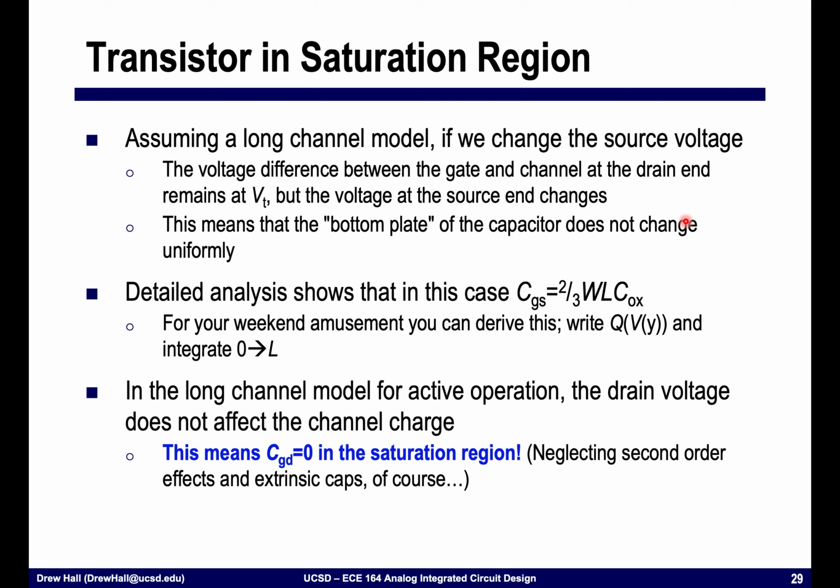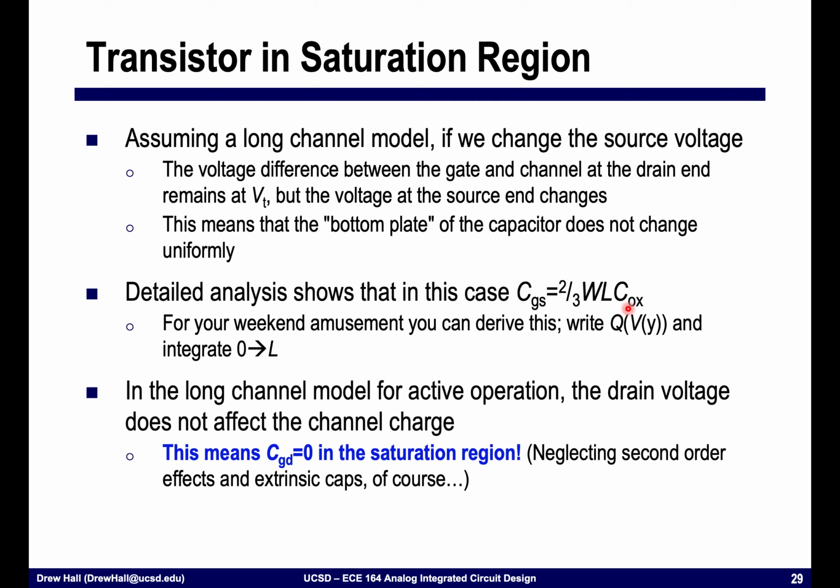If we were to revisit our calculations using the geometry of the channel as triangular rather than rectangular, what this would show us is that the gate to source capacitance is 2/3 times WLCox, and that there's no capacitance between the gate and the drain.